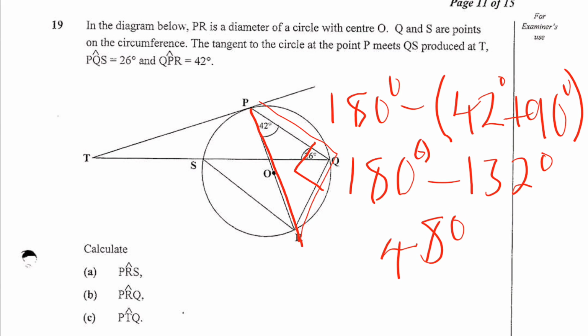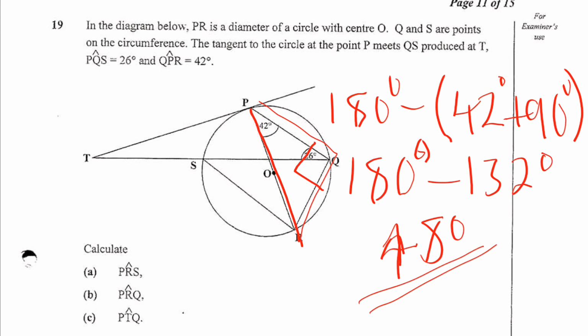I'm getting 48 degrees as the answer. It's as simple as this. 48 degrees. So this question is easy if you know the properties of a circle. It's very, very easy.